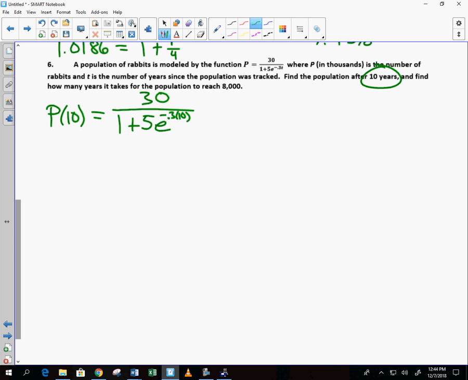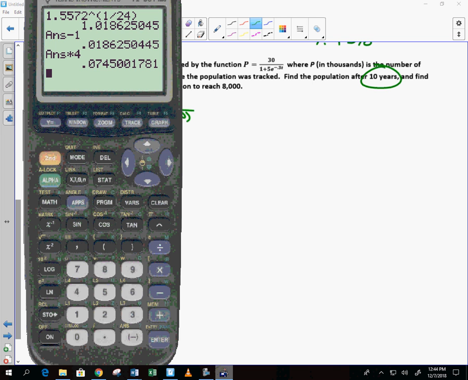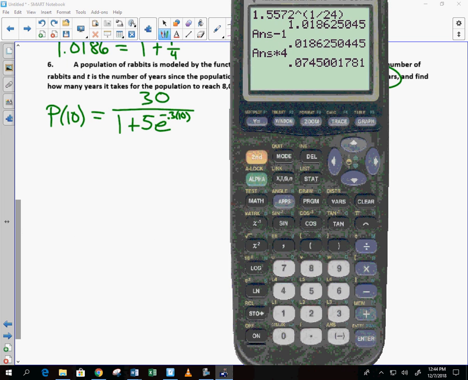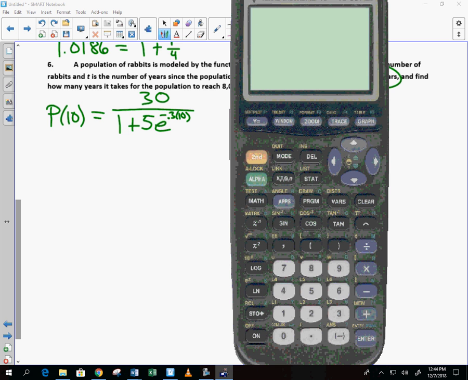That's kind of a weird looking equation, but we can determine it by simply plugging it in. 30 divided by parentheses 1 plus 5 e to the, I'm just going to do negative 3 because negative 0.3 times 10 is negative 3.